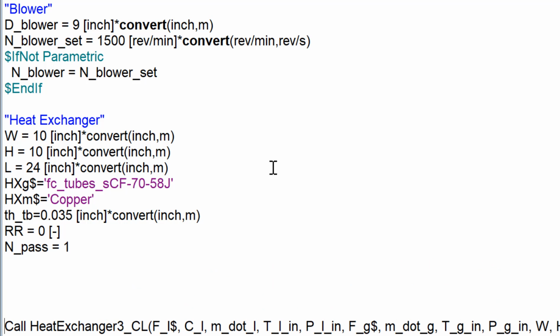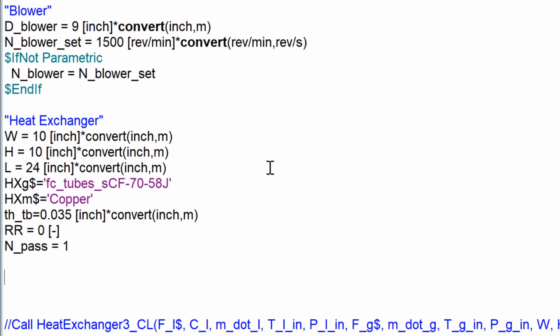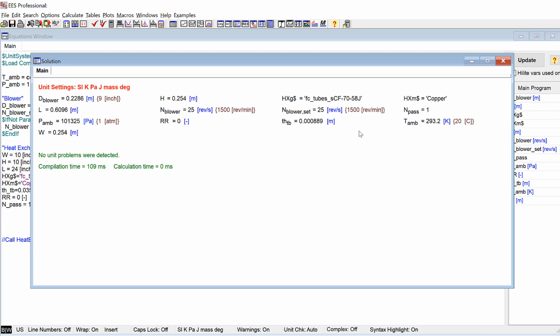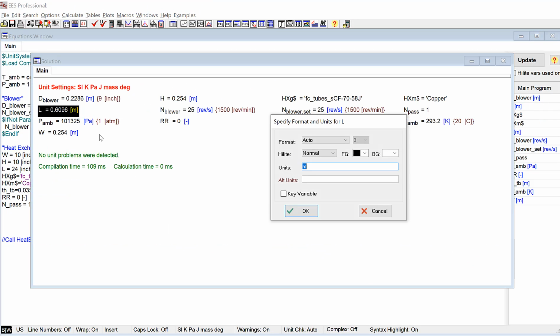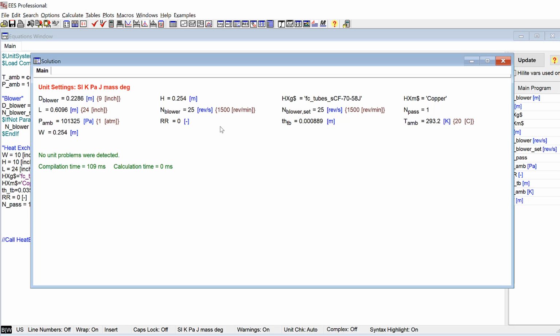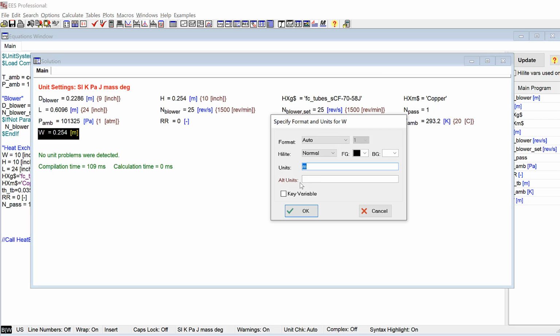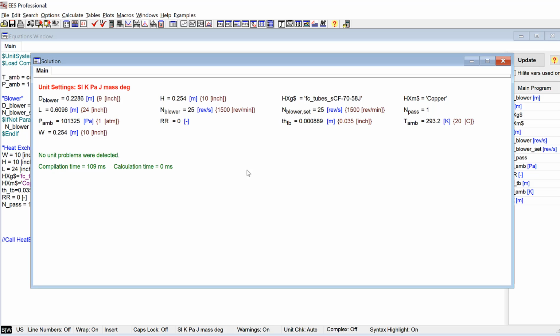And that should get us all the way through the heat exchanger specification. I'm going to comment this out, and we'll go ahead and run this and make sure everything looks okay. I'm going to set alternate units for these dimensions because I think that's probably going to be easier for the user to enter these dimensions in these alternate units.